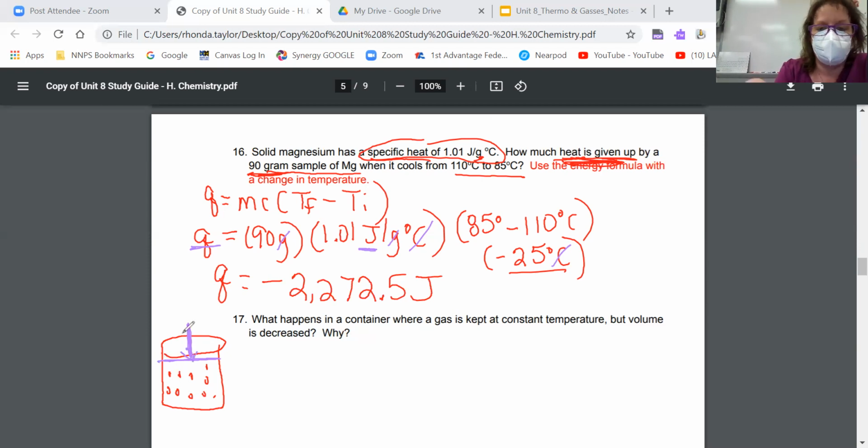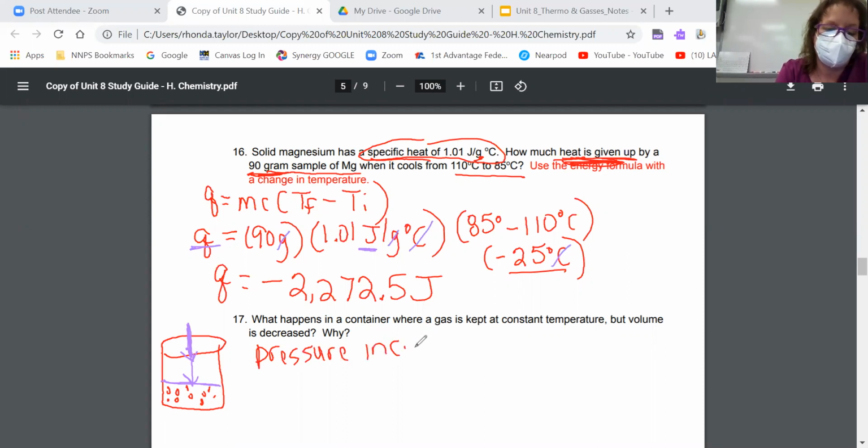So as we push this thing down into the container, we've reduced the amount of volume or space for the same amount of molecules, so the pressure is going to increase in there.